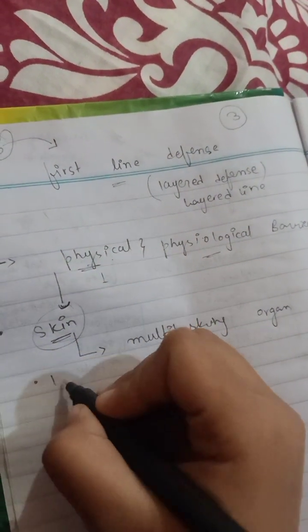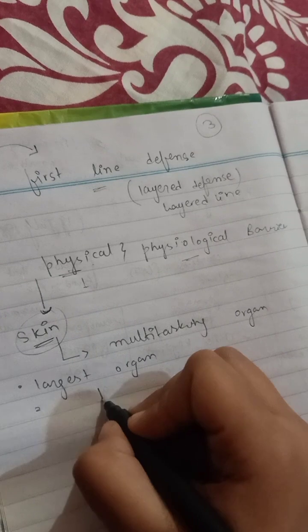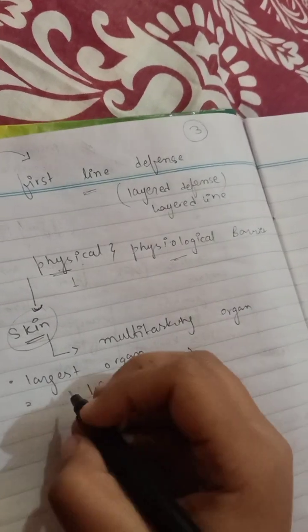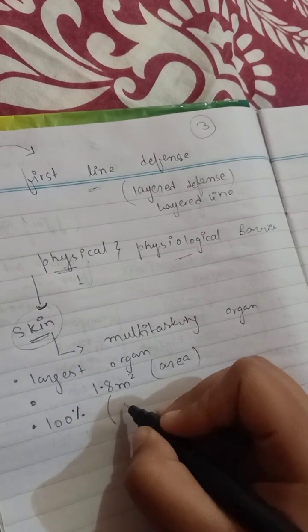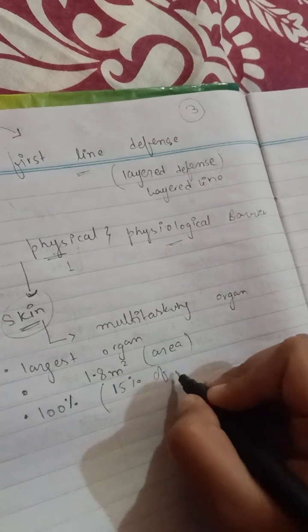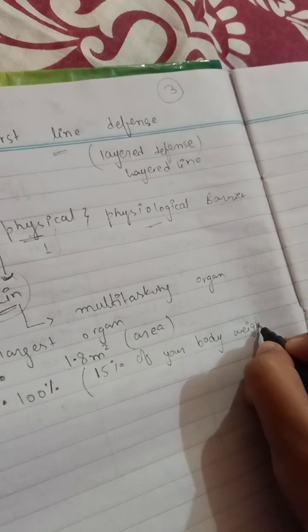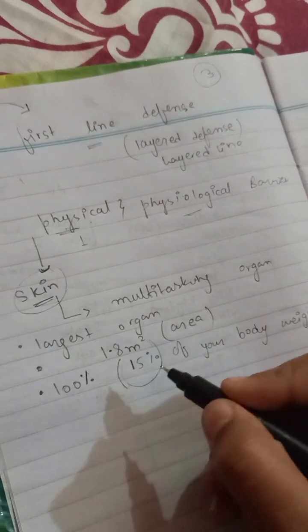It is the largest organ of our body, covering about 1.8 square meters. If the body is 100%, then 15% of the body weight is made by the skin.